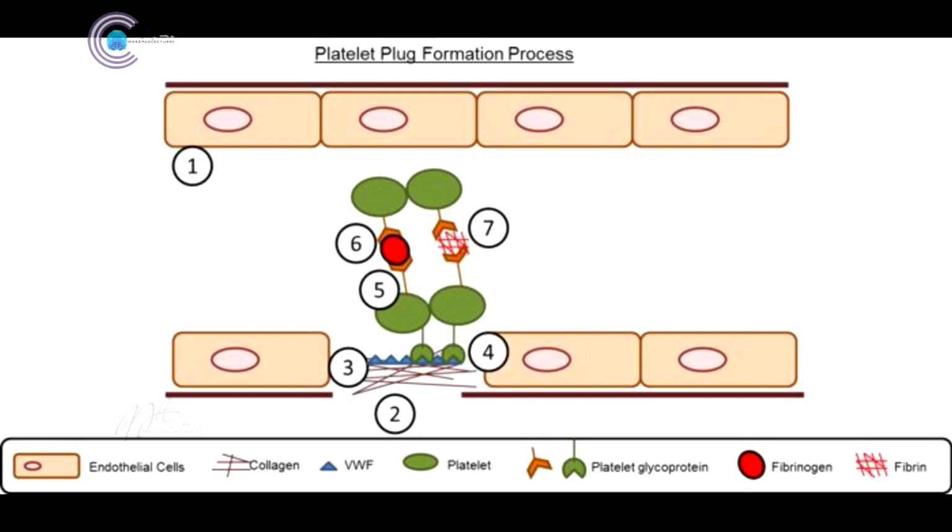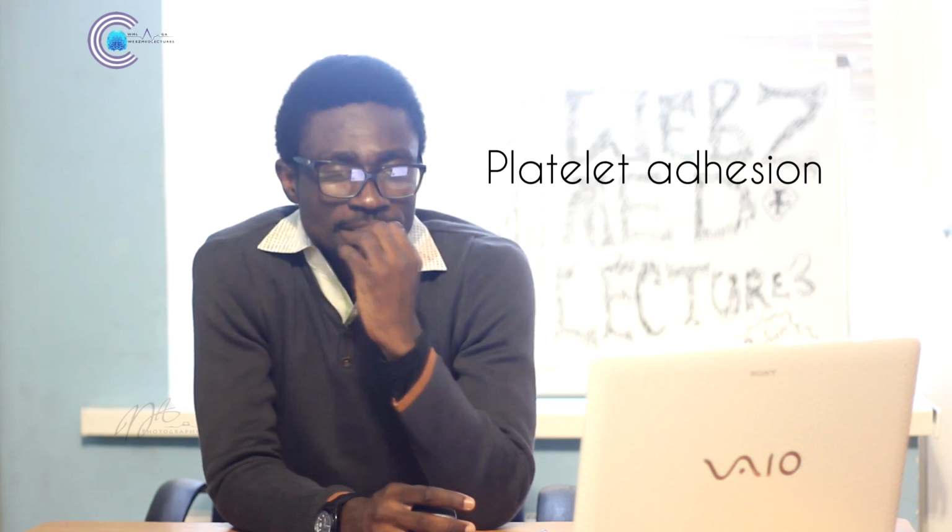Now the Von Willebrand factor binds to the subendothelial collagen, and what happens next? The activated platelet will now come and bind to the Von Willebrand factor. When the activated platelet binds to the Von Willebrand factor on the subendothelial collagen, that is what is termed platelet adhesion.